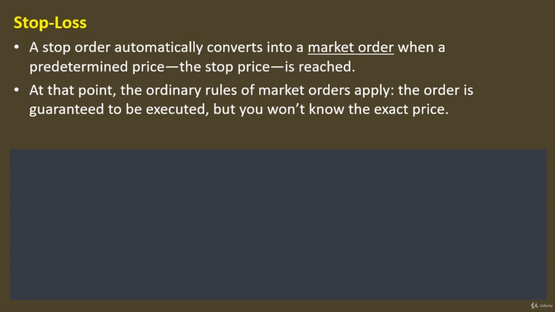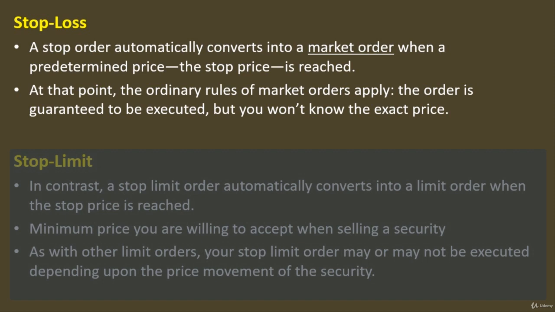So if the security falls and the price falls to a certain point, it hits my stop loss, the order is going to be automatically executed as a market order. And at that point, the ordinary rules of market orders apply. So the order is guaranteed to be executed, but you don't know the final exact price. I mean, if things are moving quickly, you might see a little bit more loss from that. It's going to be executed at the market price and executed quickly.